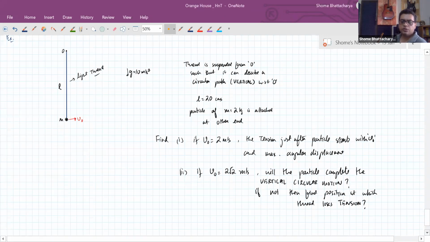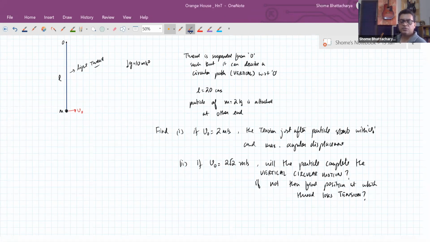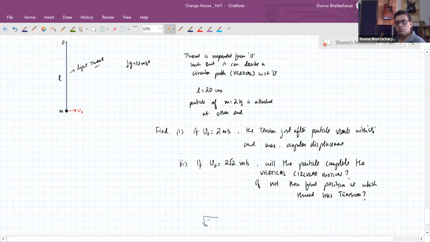Okay, so what you can do here is compare the standard values of V naught with root 2 GL. That is a typical important value. So that is how much? 2 meters per second. And root 5 GL is how much? That is root 10, or nearly 3.2 meters per second.